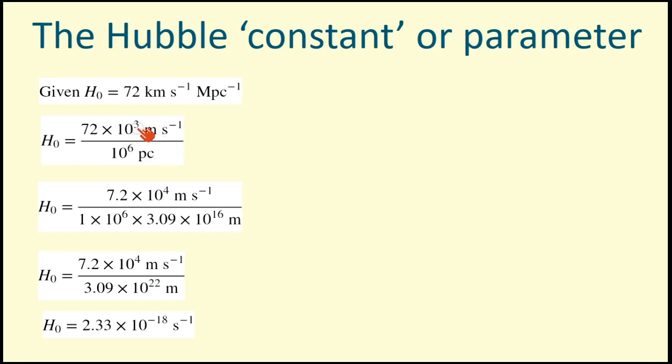Changing this one carefully to 7.2 times 10 to the 4 meters per second. We have parsec, and then we're changing the parsec into meters, so multiplied by 3.09 times 10 to the 16. Then we have that value worked out. Line by line calculation, the units cancel, we end up with 2.33 times 10 to the minus 18 per second.